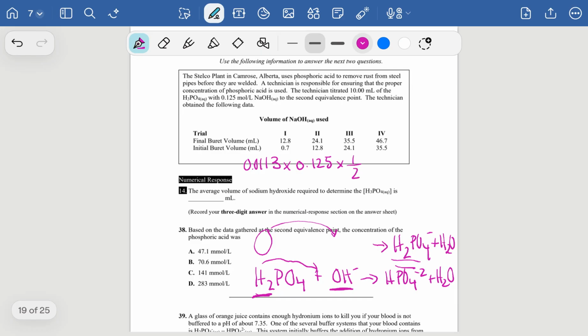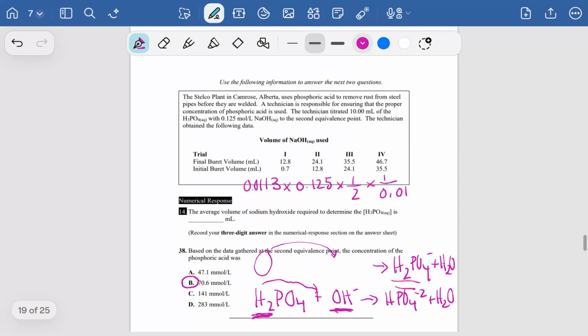And that is, again, because we're looking at that second equivalence point, not that first one. And then we're going to divide by the amount of our acid that was used, and when we do all of that, we'll get our answer in moles per liter. It's a very small value, so we'll multiply it by 1,000 to see that our answer is 70.6 millimoles per liter.